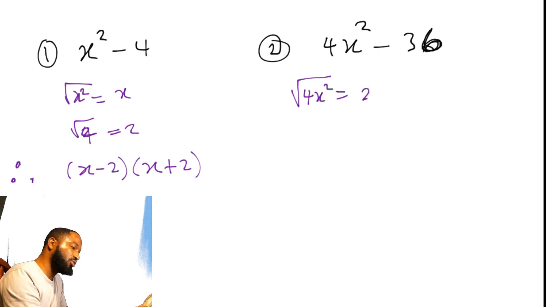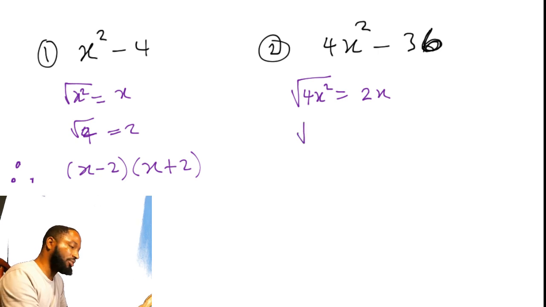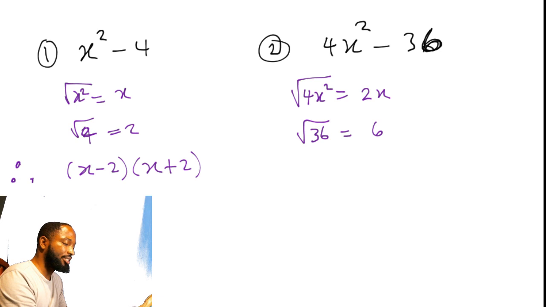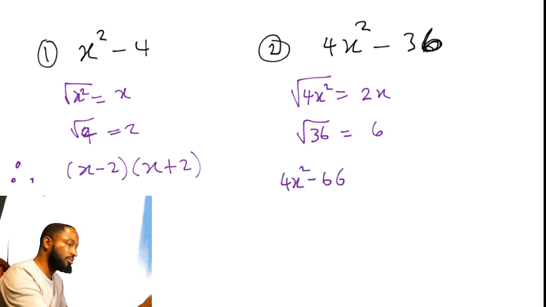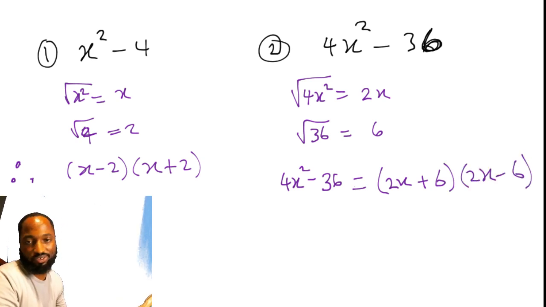The square root of 4 is 2, and then you find the square root of 36, which works out to 6. So your answer is that 4x squared minus 36, not 66, 36, is equal to 2x plus 6 by 2x minus 6. It doesn't matter which one you put first. Great.